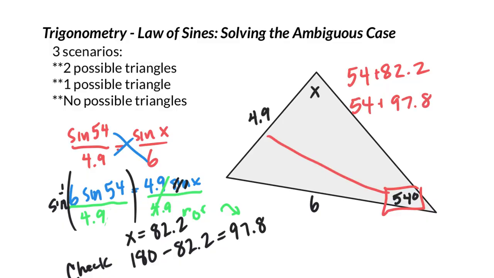And guess what? Both of these are less than 180 degrees. So both of them work. So when we say, well, what's the answer? It's both. It's 82.2 degrees or it's 97.8 degrees.